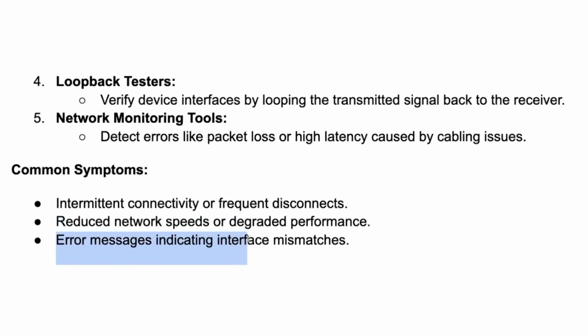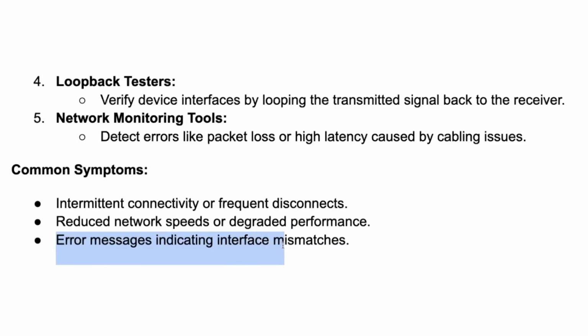And then we have error messages indicating there are mismatches in your interface. That by itself is towards the beginning, when you're setting things up, where as you're trying to set up the network devices, you would get an error message saying, hey, there's an interface that's mismatching, right? The transceiver that you're using doesn't work. The wire that you're trying to connect to that transceiver isn't giving the proper signal, whatever it is. So there's some kind of a mismatch in your interface.